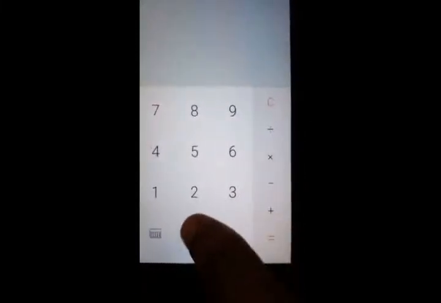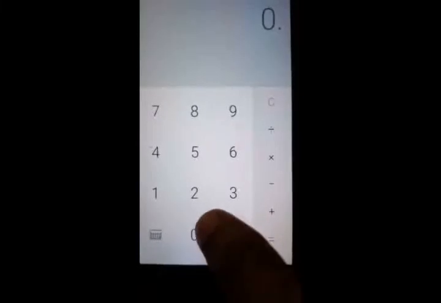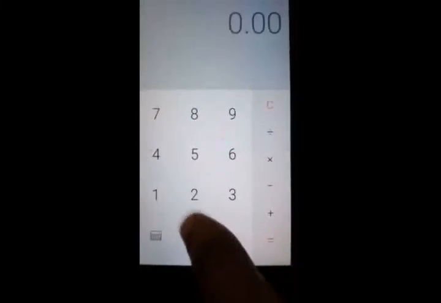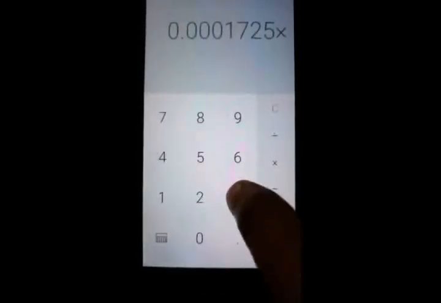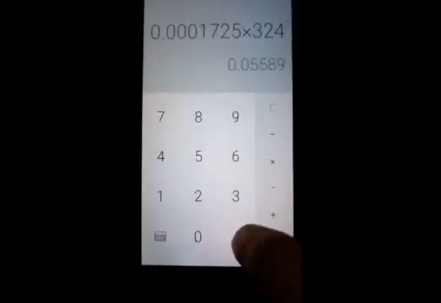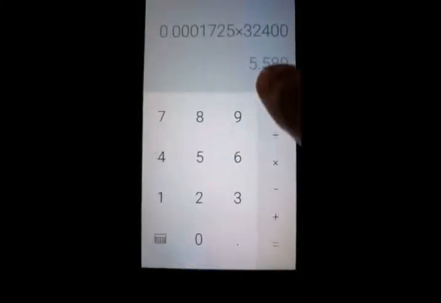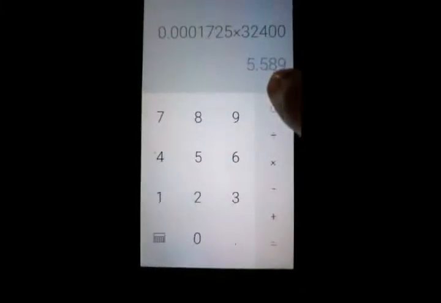Now I will multiply 0.0001725 multiply by 32,400. So what will we get as answer? 5.589.